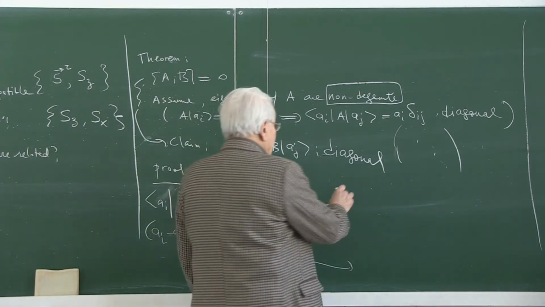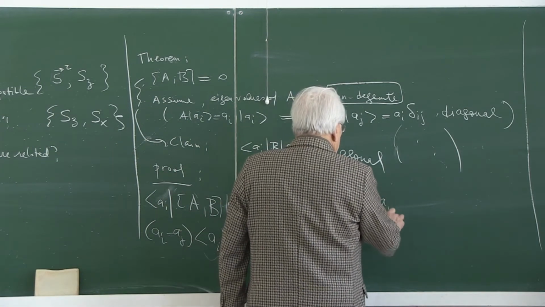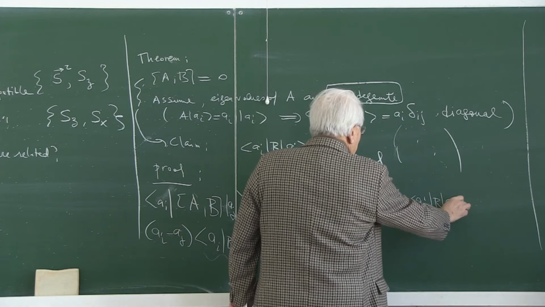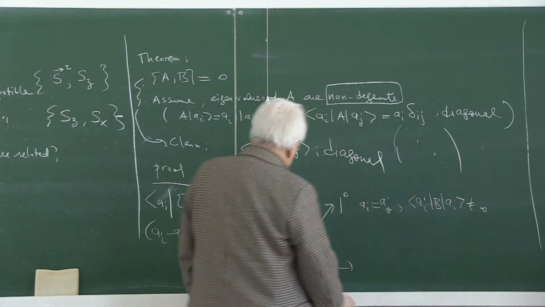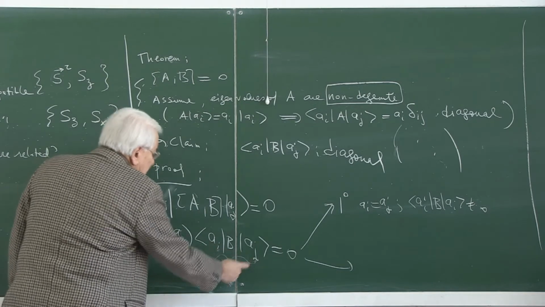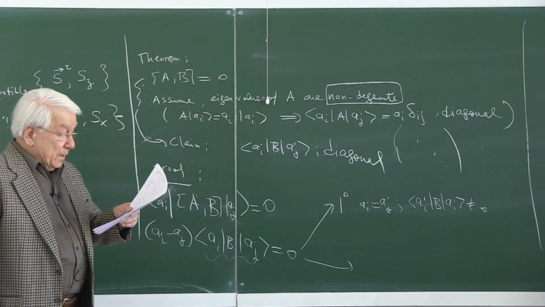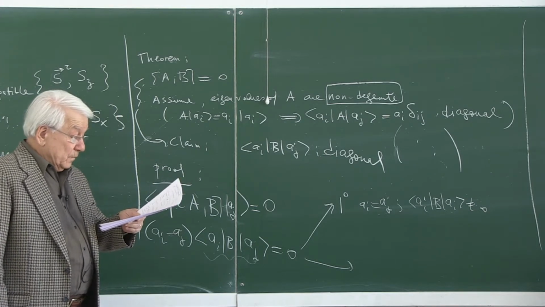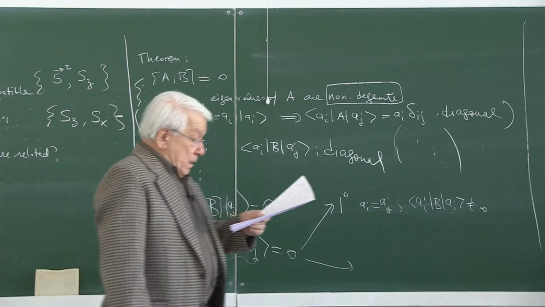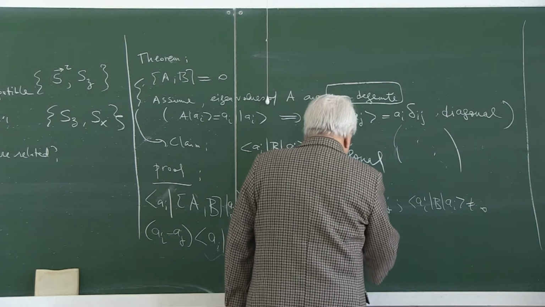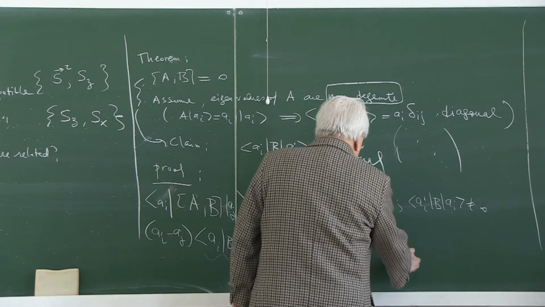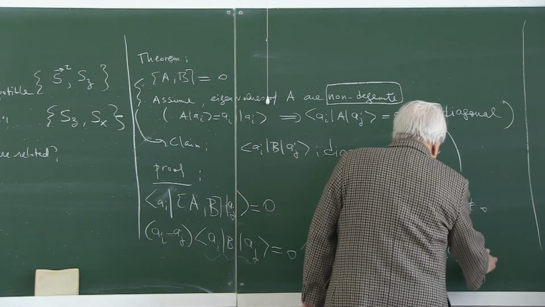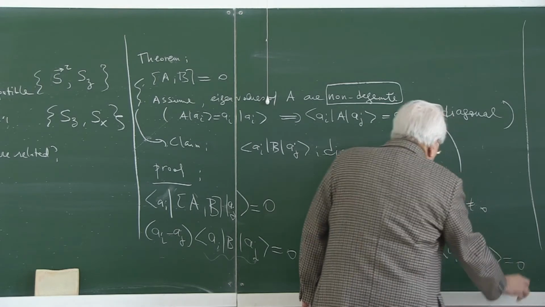Then if a_i is equal to a_j, then you can afford to have <a_i|B|a_i> different than 0. Then I set I equals J. The second option, if a_i is different than a_j, then <a_i|B|a_j> is 0.